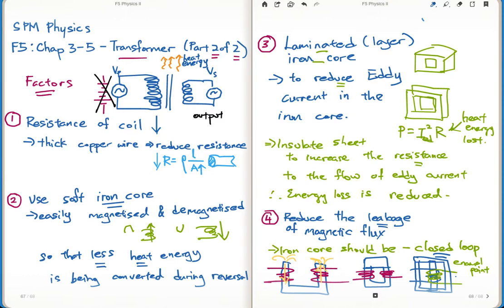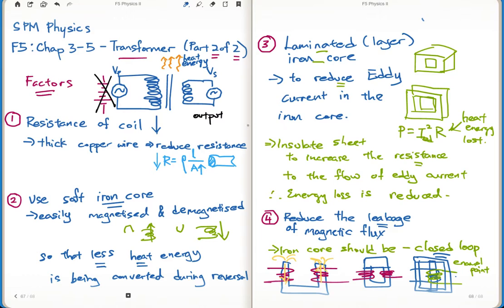So 4 factors. First would be to reduce the resistance of the coil by using a thick copper wire. Second factor would be to use soft iron core because it's easily magnetized and demagnetized, so less heat energy is converted during the reversal of magnetization.